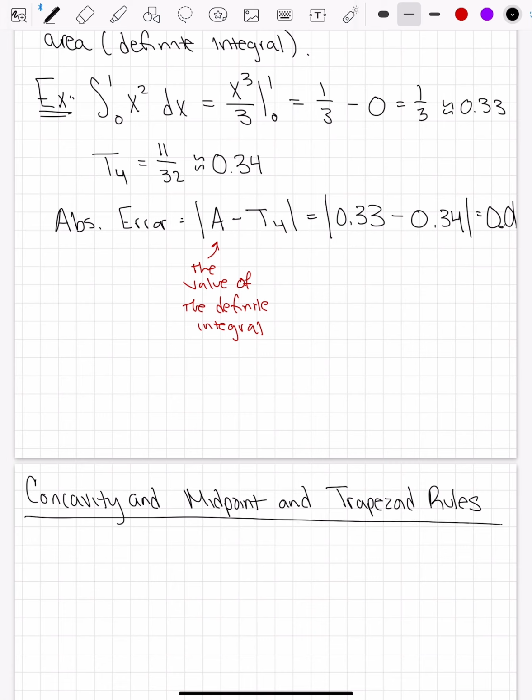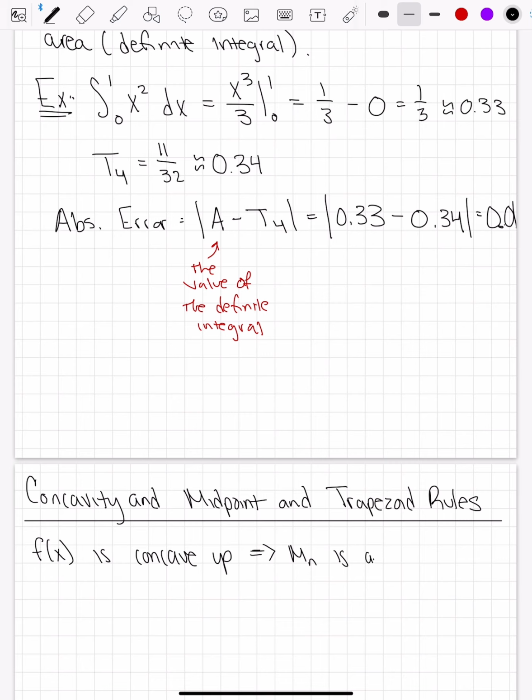So if your function f of x is concave up, then the midpoint rule will be an underestimate. Meanwhile, the trapezoid rule is an overestimate.